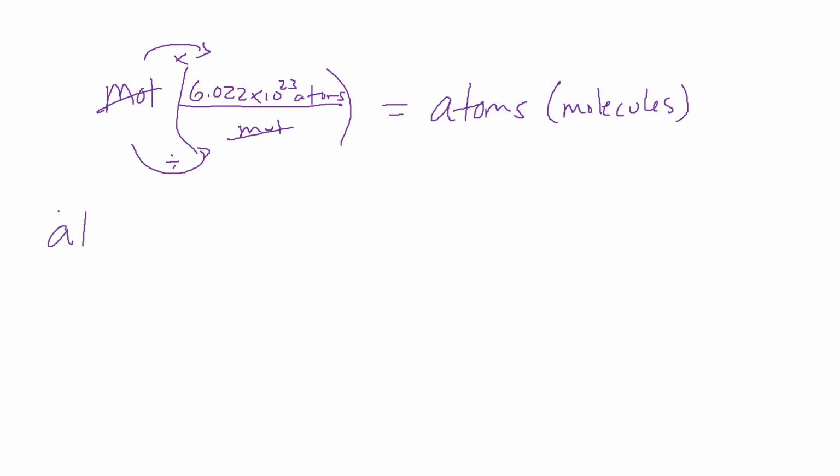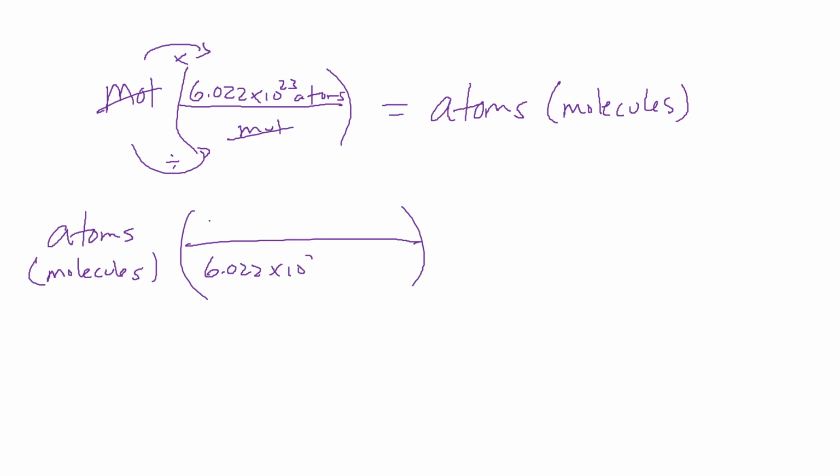If you're starting with atoms, or even, again, molecules, you can divide by Avogadro's number. So 6.022 times 10 to the 23 atoms per mole, or again, could also be molecules down here. Atoms will cancel as we are multiplying and dividing. Going to give us moles, what we're looking at.